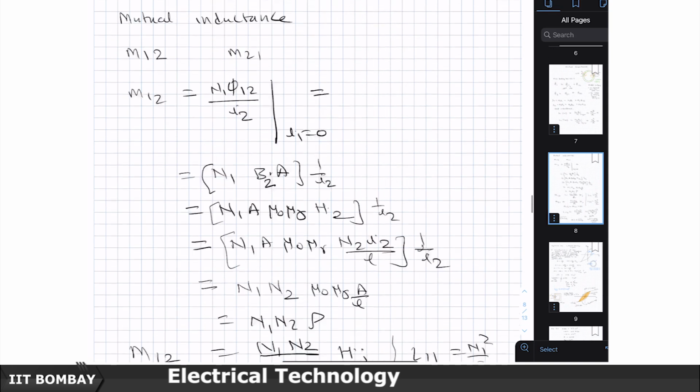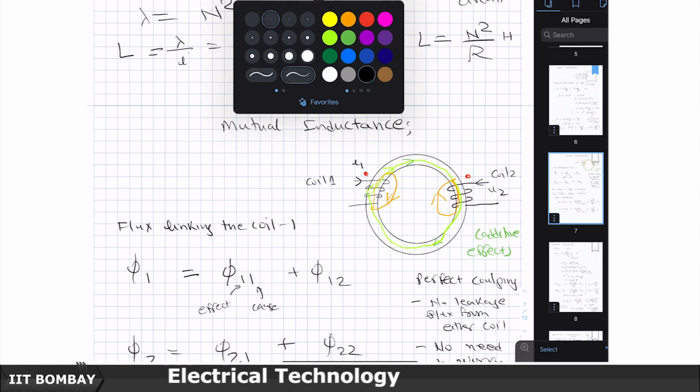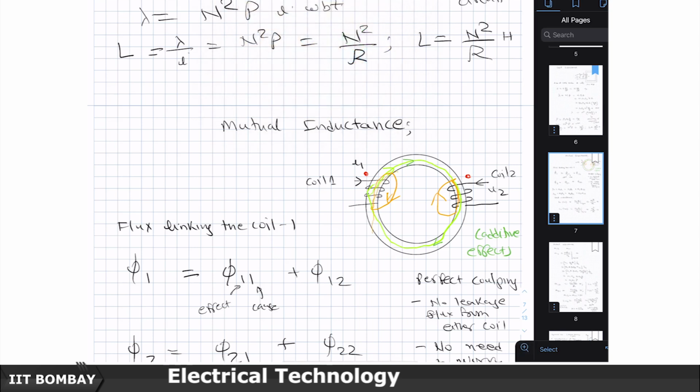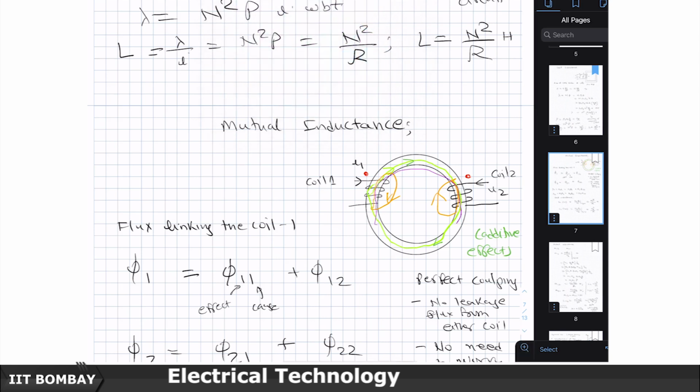Suppose, just for example, this was just a tube with air inside, not a magnetic structure at all. Then the coupling coefficient would be very small, because whatever gets linked in that case will be due only to leakage from here to here. Leakage flux keeps reducing as I keep going away.